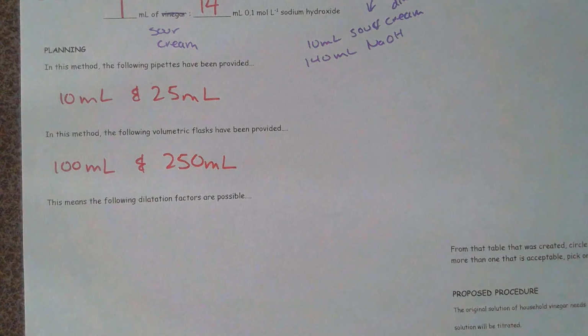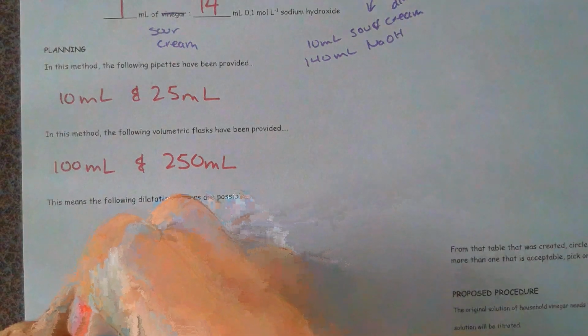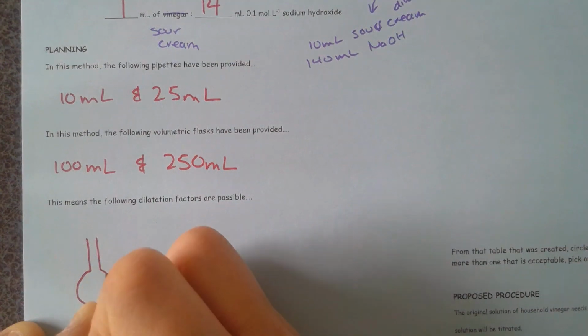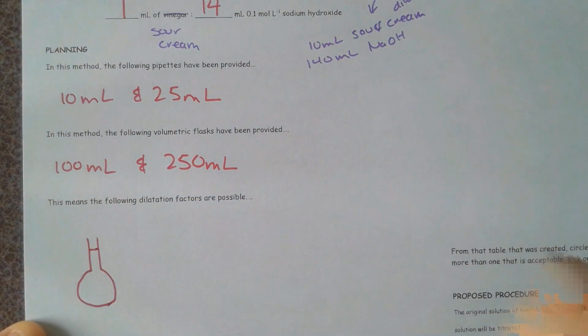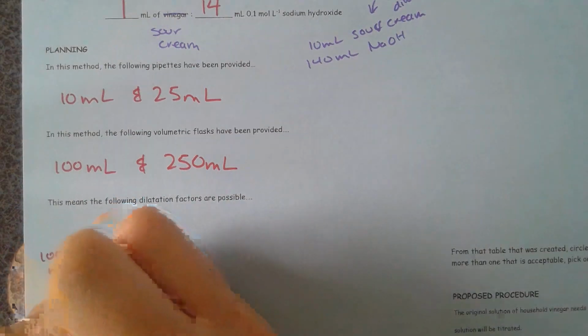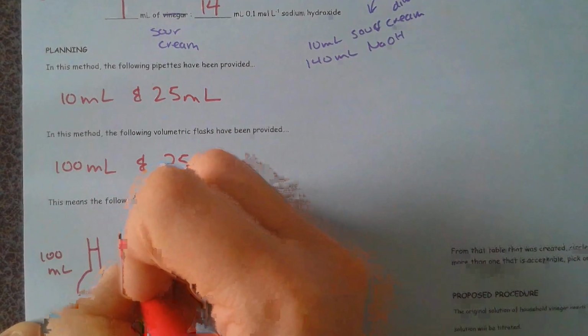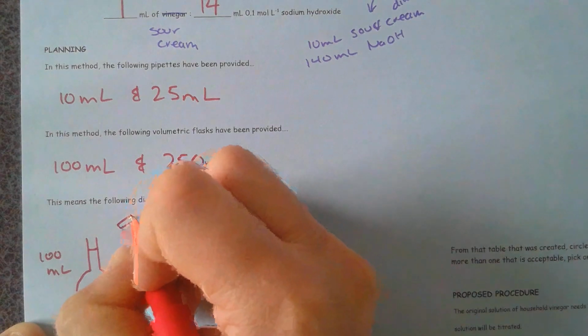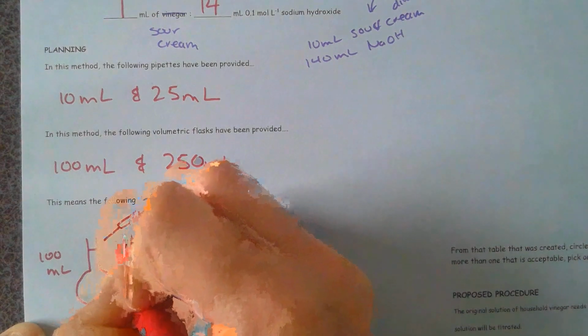All right, can I start explaining dilution factors? Yes. Okay. So what you need to do is think about the combination of pipette and volumetric flask. I'll draw a little picture to help us visualize what we're doing. You don't need to draw a picture on the assessment. It's just to help kind of think about it. Say for example, I have a 100 milliliter flask and I have a pipette like that, and that one's 10 milliliters.